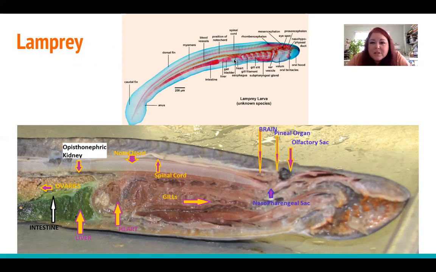Their mouth is not where you would think. It's not on the top, it's on the bottom, because they latch on and suck. Then it moves down the esophagus, the gallbladder, the liver filters out any toxins, moves down the intestine, and comes out the anus. This is the simplest one.